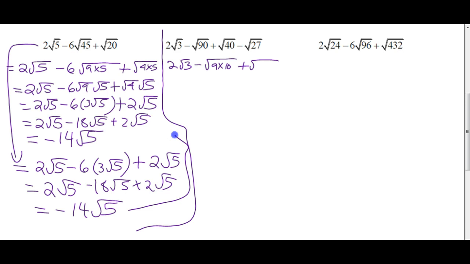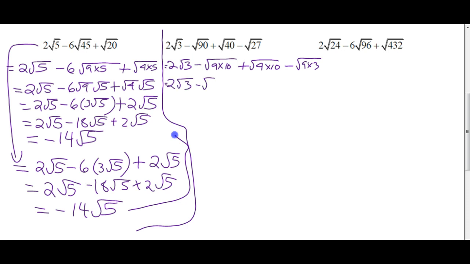No. So it's 4. 4 times what? 10. Oh, okay, look, I'm going to end up with some root 10s, right? Because I'm going to pull the 9 out and the 4 out. And then 27. Well, if these guys are going to be like, then this is probably a 3. So 27 is 9 times 3, and 9 has a square root. Okay, good. So things are going swimmingly.